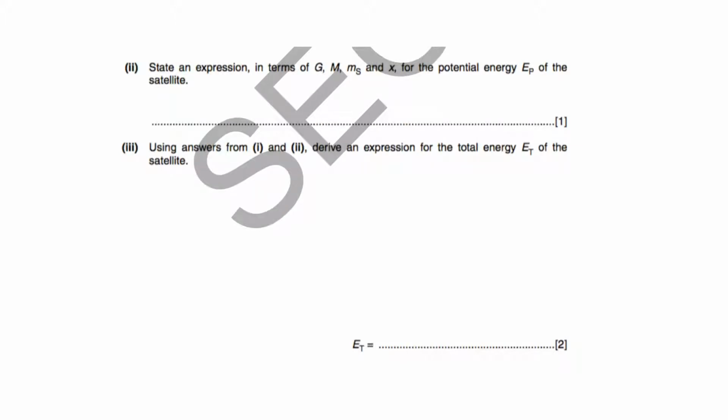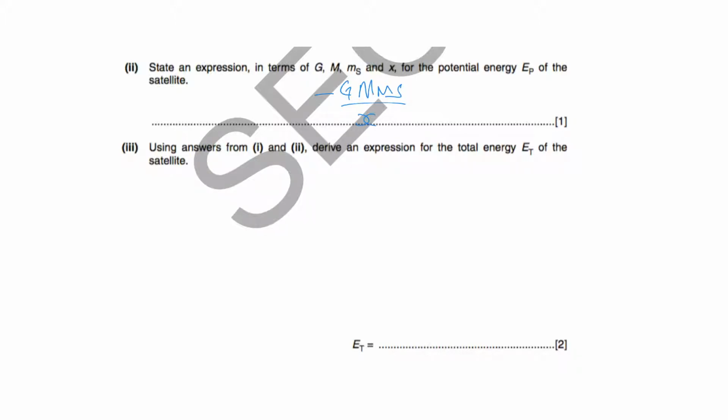Now, what about the potential energy? I told you this one you've got to memorize only, nothing special. The GPE is always negative GMms over x, because actually it's negative GMm over r. I'm just replacing the symbol. Again, total energy just adds up together.